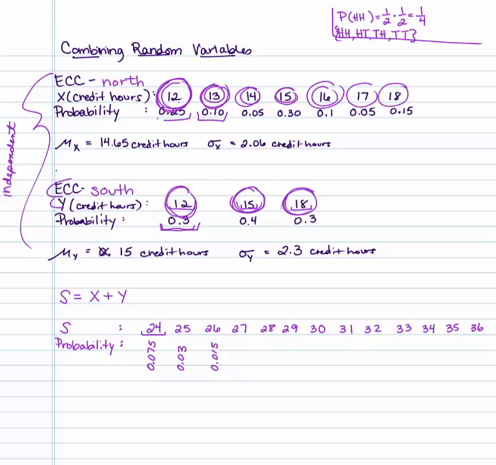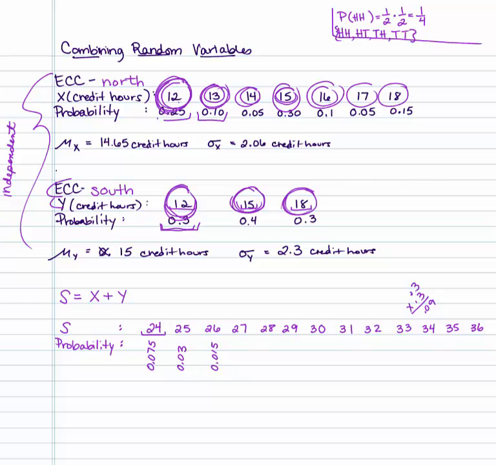0.15. 27 was actually made up two different ways. 27 was 12, and let's see, this 15 and this 12. So 0.3 and 0.3, 0.09.